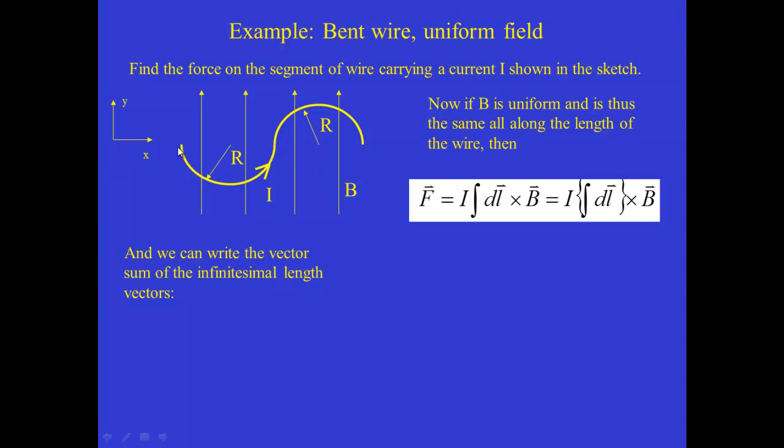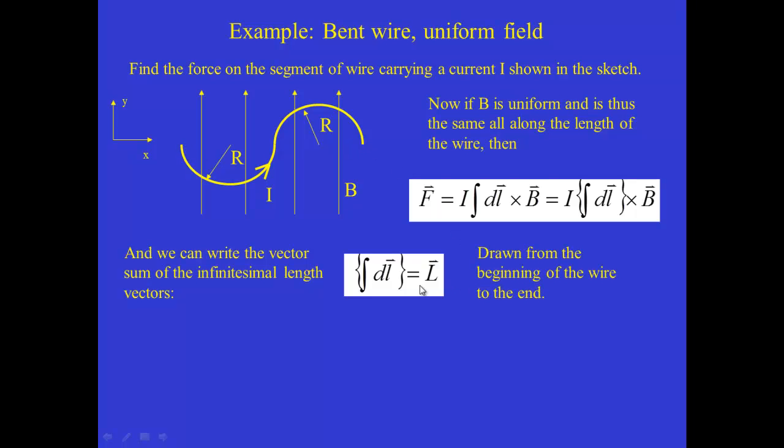So it's just dl1 plus dl2 plus dl3 plus dl4, and all those vectors are connected head to tail, and so the net result is simply that the integral dl vector is a vector going from the beginning of the wire to the end of the wire in a straight line. So we'll call that vector L, and drawing it on the sketch in red shows how it's oriented.